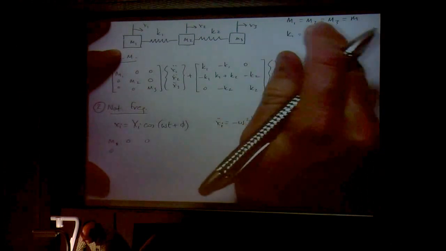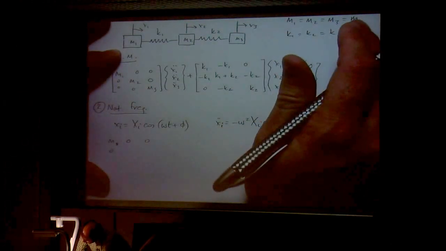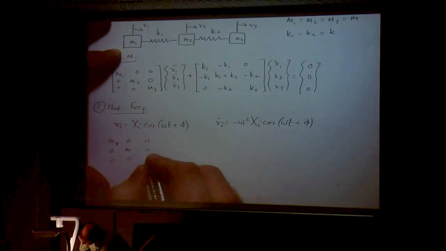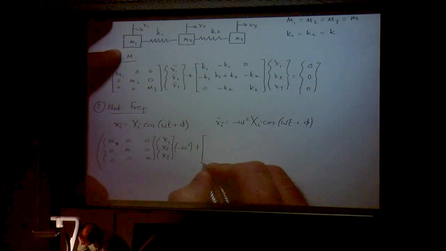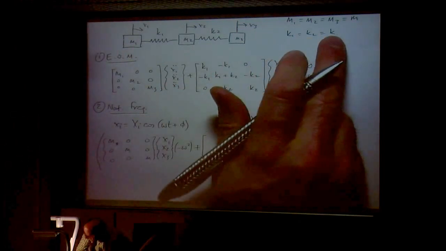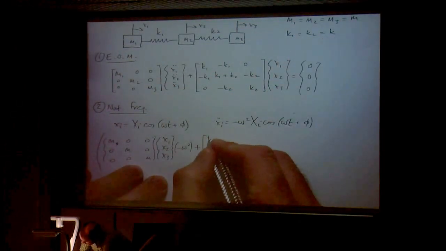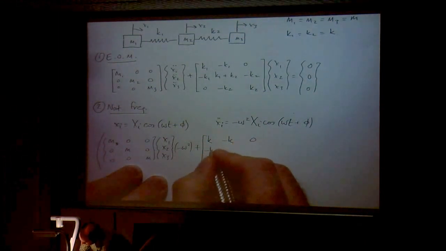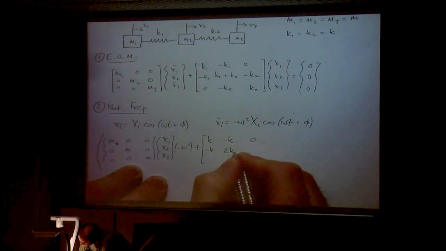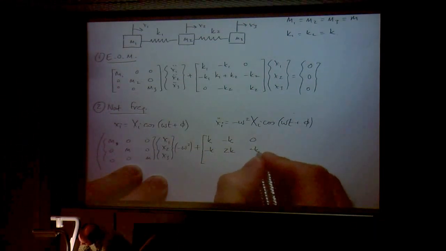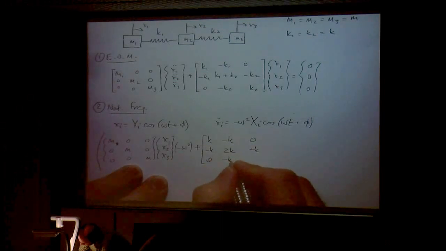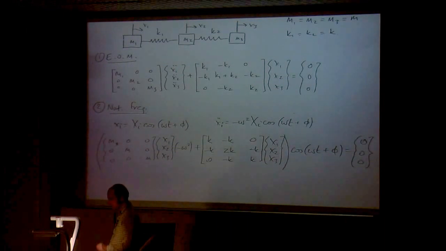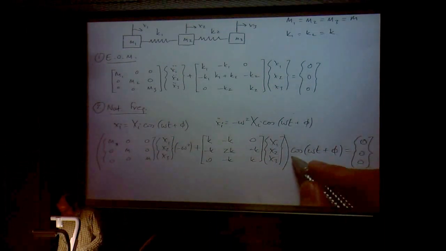Since m1 equals m2 equals m3 equals m, I'm just going to write m. And k1 equals k2 equals k, so I can write k, minus k, 0, minus k, 2k, minus k, 0, minus k, and k. Obviously this can drop out.